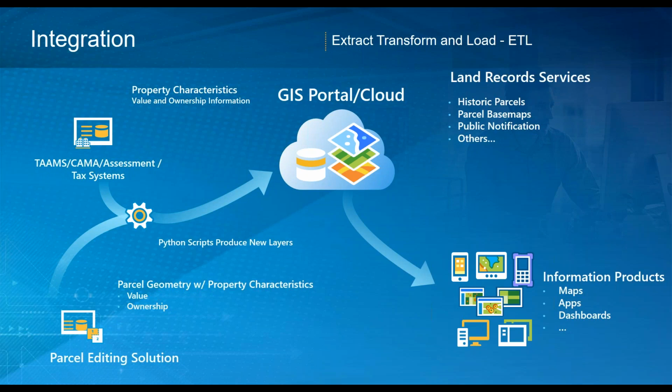So with integration, either being able to connect directly to some of these data sources, or using what are called ETL scripts, which are extract, transform, and load, we can take data from TAMS or the county's CAMA system, connect that to the parcel editing solution, run scripting, and be able to produce specific information products to help your organization in their daily workflows, including maps, apps, dashboards, many different services like historical parcels, base maps, public notifications.